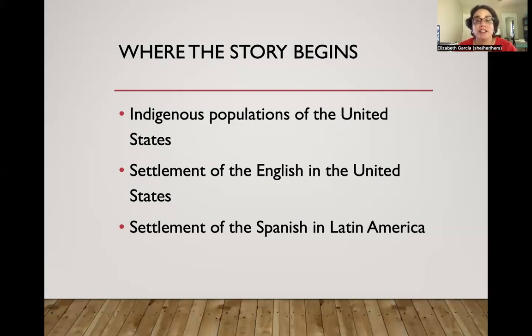And so understanding that history helps us understand what is going on today between Latin America and the United States and Latinx populations in the US. So our story begins with indigenous populations of the United States, the settlement of the English in the US, and the settlement of the Spanish in Latin America.